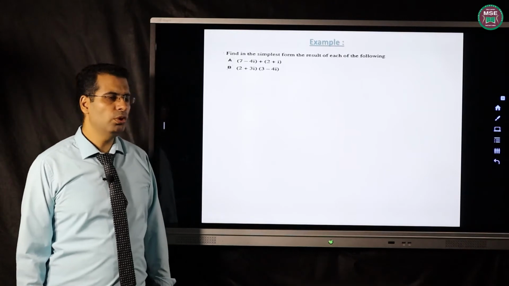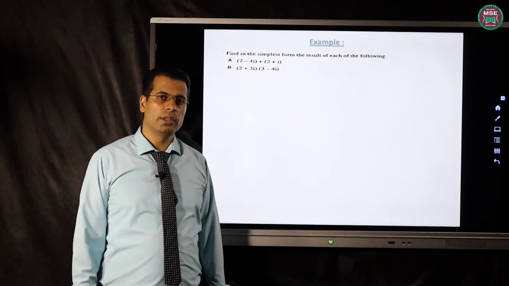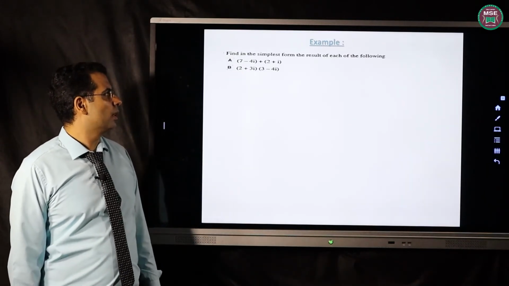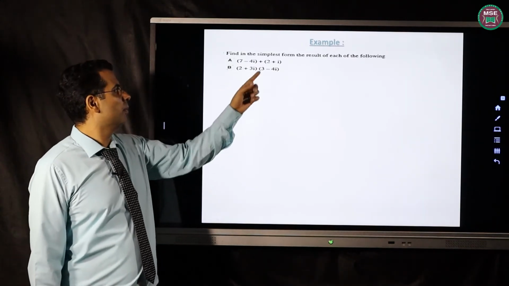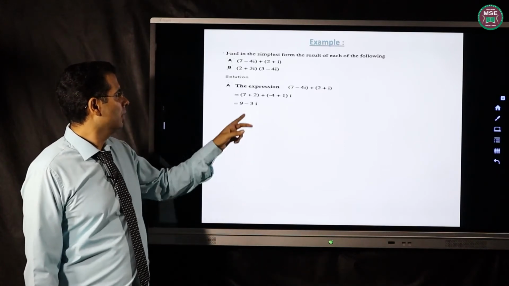But we want to know the steps. Why? Because sometimes the calculator gives me an error. Here, 7 minus 4i plus 2 plus I. Add the real parts and the imaginary parts. 7 plus 2 equals 9. Negative 4i plus I equals negative 3i.